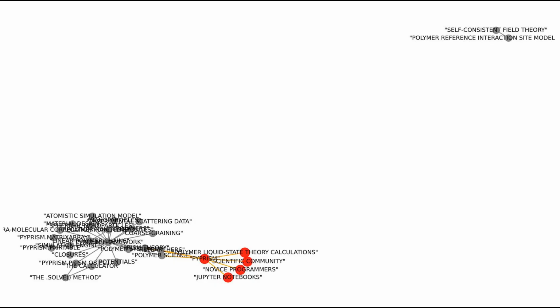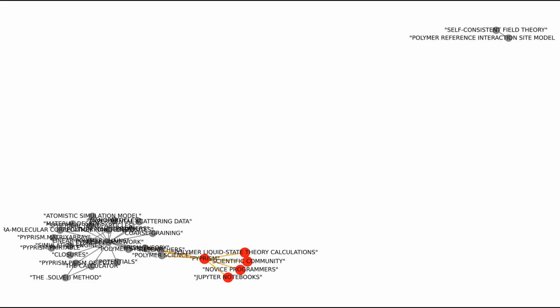Additionally, the design of pyPRISM's classes and methods is kept simple, making it easier for novice programmers to extend the framework by adding new potentials or correlation functions. So this encourages collaboration and innovation. As researchers can contribute their own insights and improvements to the tool, the democratization of knowledge that comes from making pyPRISM accessible benefits the field as a whole.